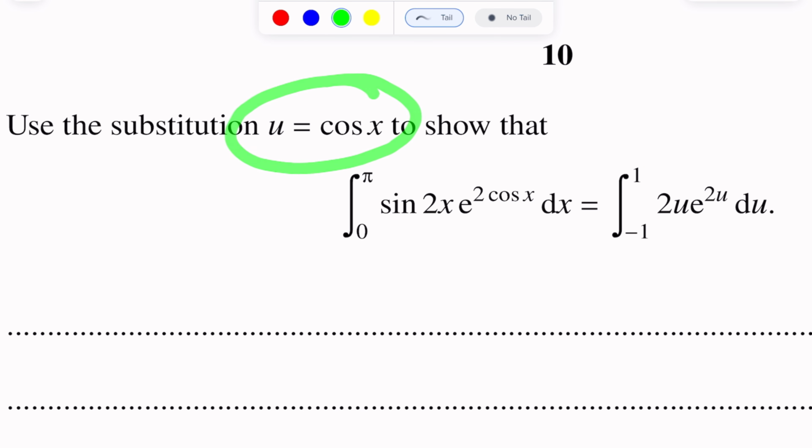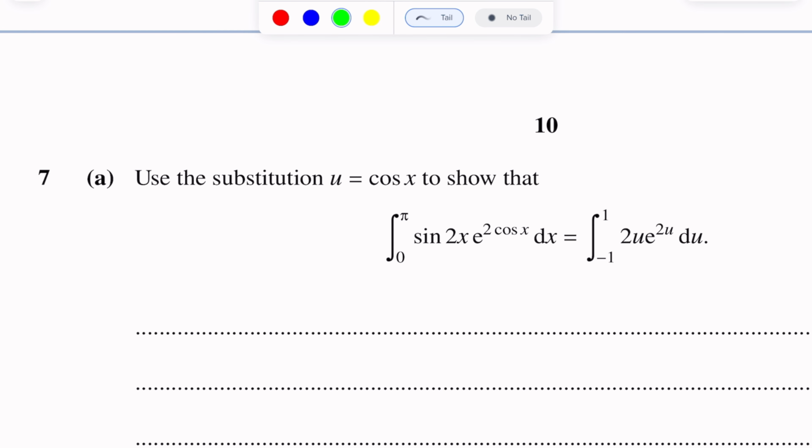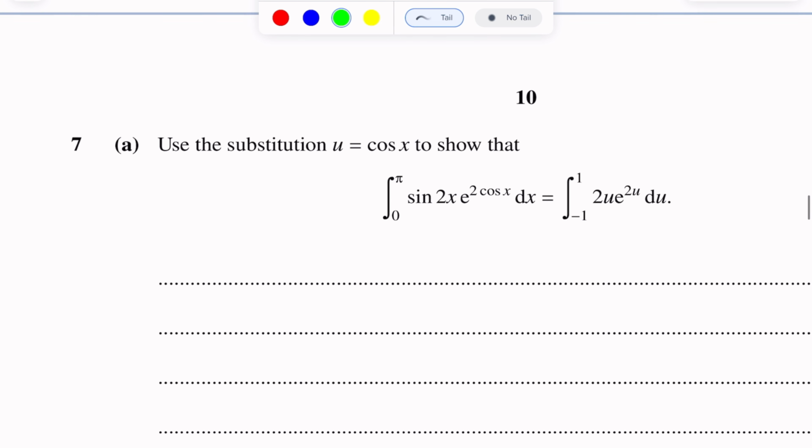Substitution is given. We will use u in place of cos x in the left hand side to show the right hand side. This method is also called the changing the variable method.